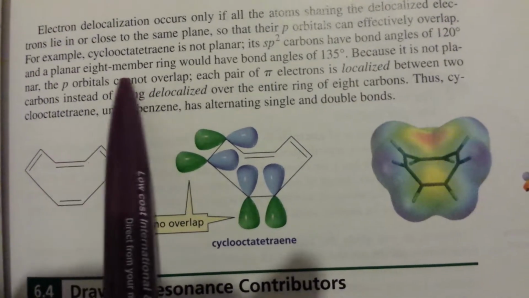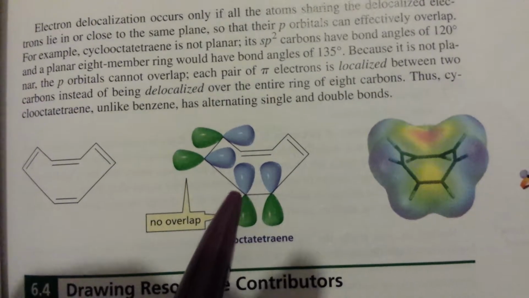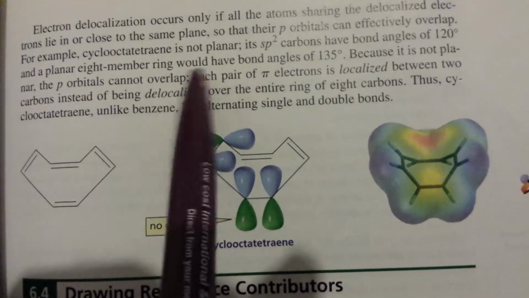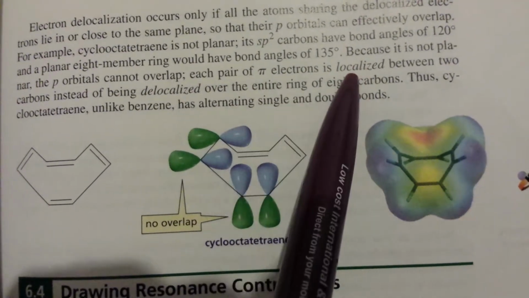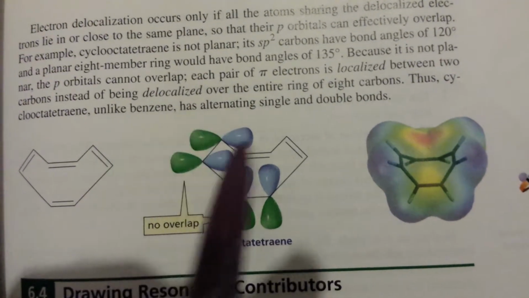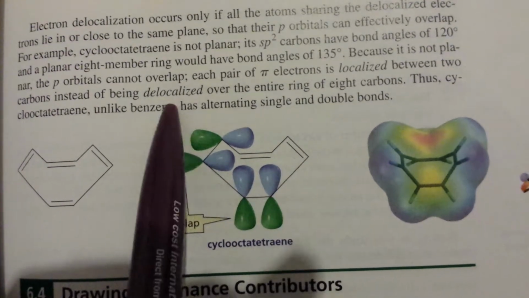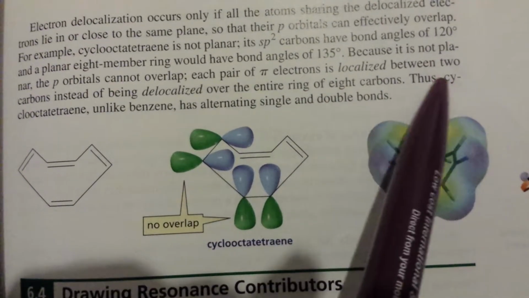Because it is not planar, the p orbitals cannot overlap. Each pair of pi electrons is localized between two carbons instead of being delocalized over the entire ring of 8 carbon atoms.